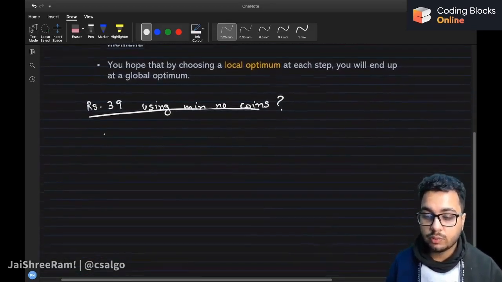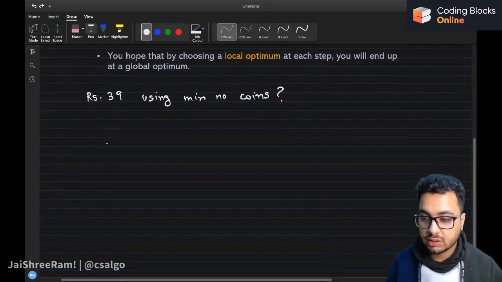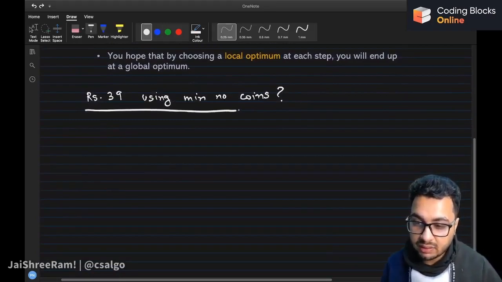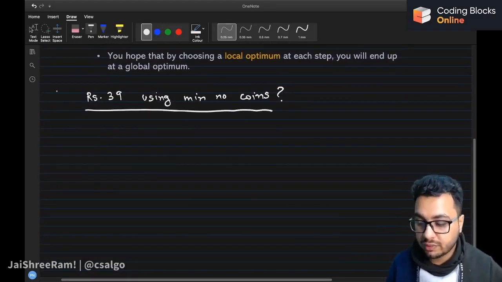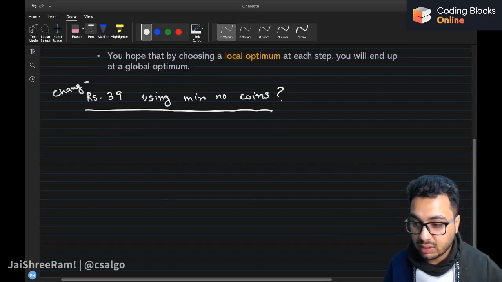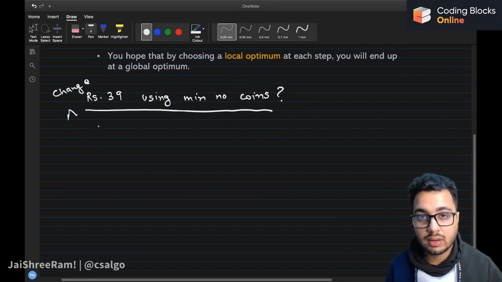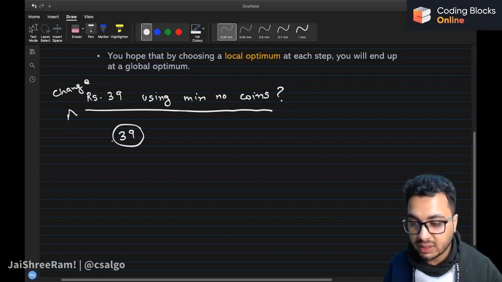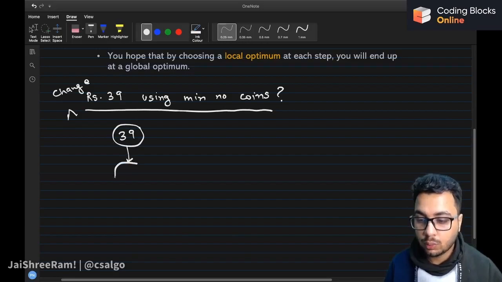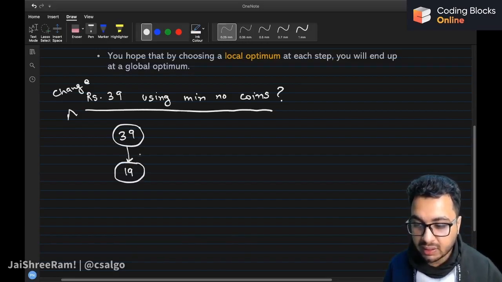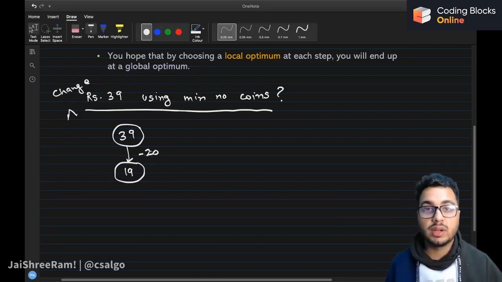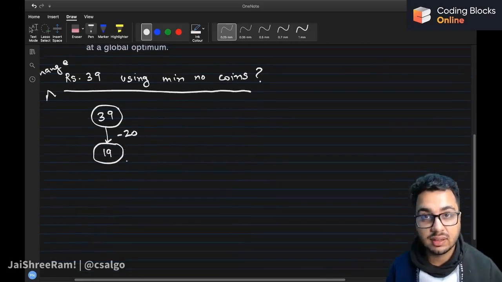The first thing that comes to our mind is, if I want to make change for rupees 39, I will pick the largest coin or note that is less than 39. So from 39 I can reduce this problem to 19 rupees by picking a 20 rupee note, because 20 rupees is the largest note that is less than 39.